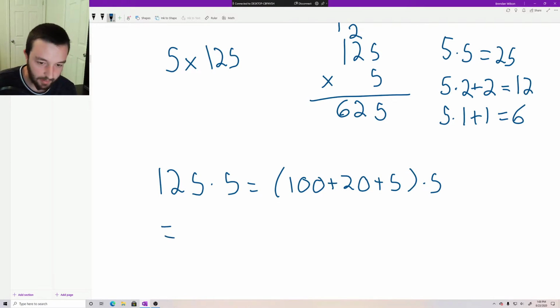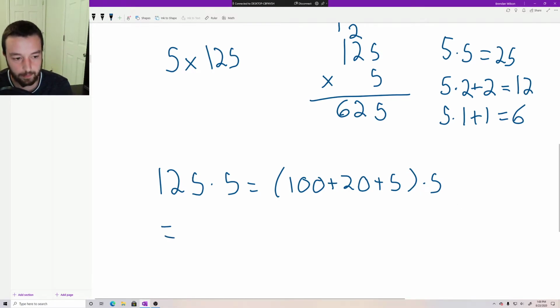And now we're using the fact that what we can do is take this 5, multiply it by the 100, multiply it by the 20, multiply it by the 5. That's what's called the distributive property: when you have addition and multiplication mixed like this, the way this is written, it's saying do the addition first, then multiply.